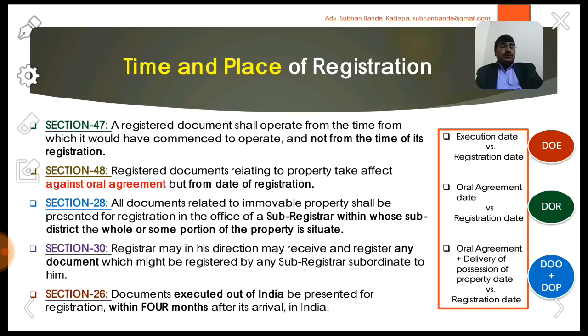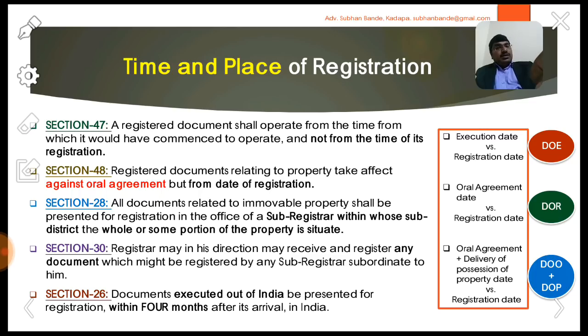This is the general rule. However, this is an exception. Section 30 is an exception. The registrar has certain discretion. With his own discretion, he may receive and register any document which might be registered by any sub-registrar subordinate to him.